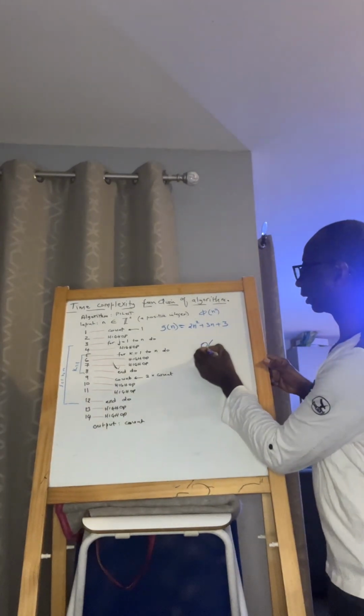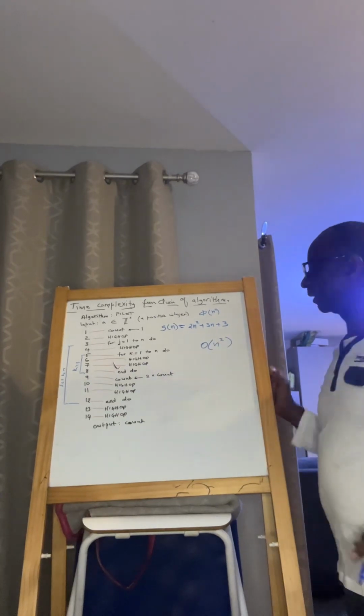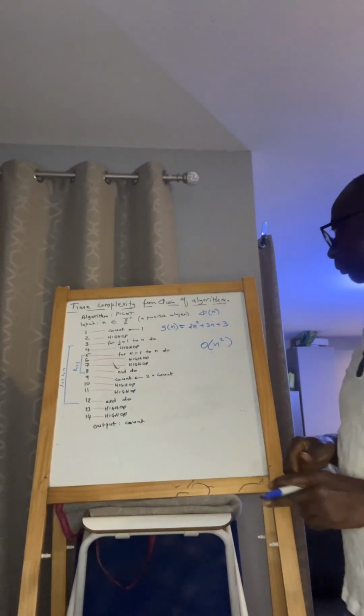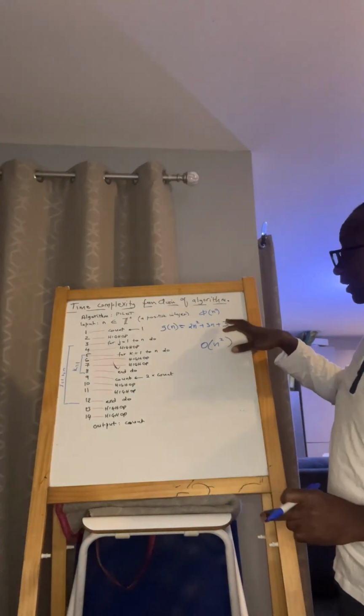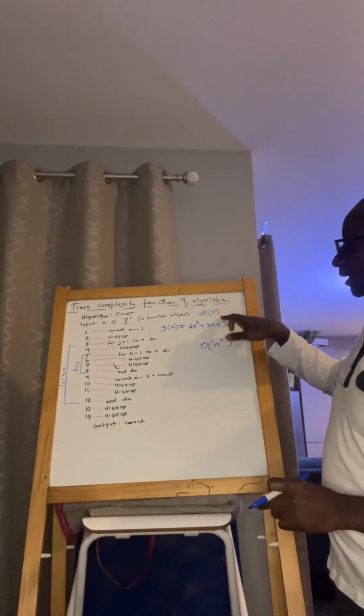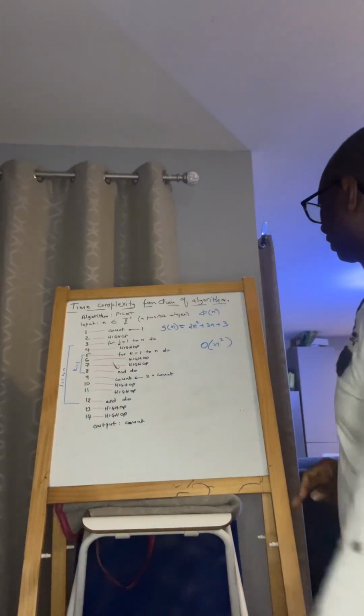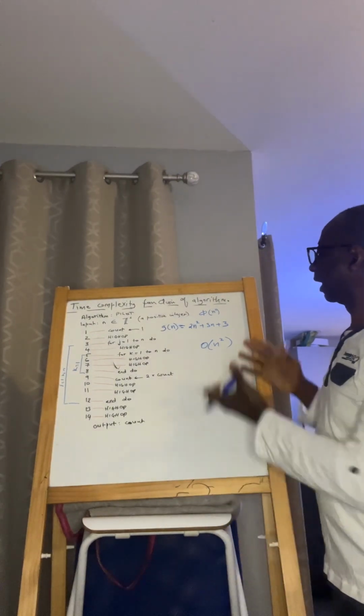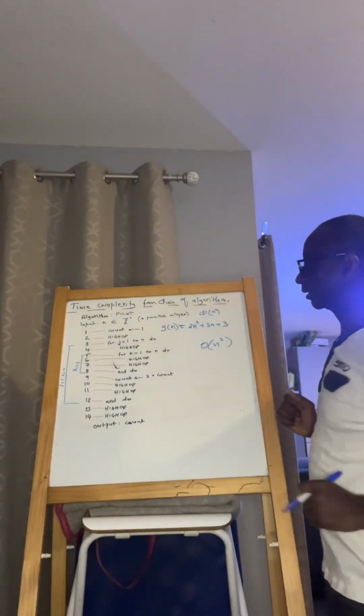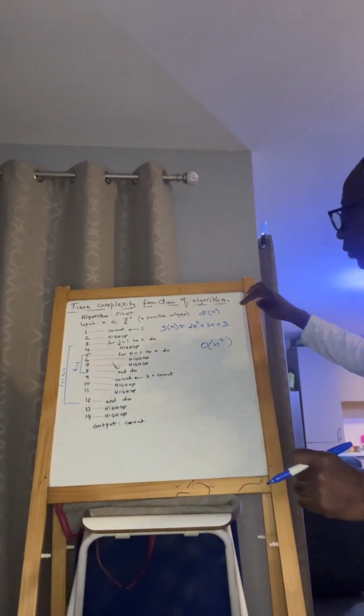Big O n squared, this is the worst performance of the program. So what this question is asking us to show is that the time complexity of this is theta n squared. For you to be able to show this one, you have to show it against what?